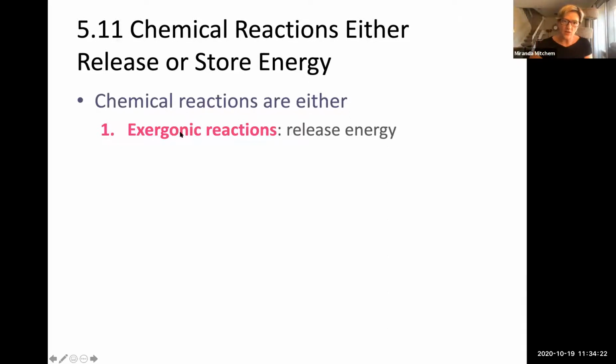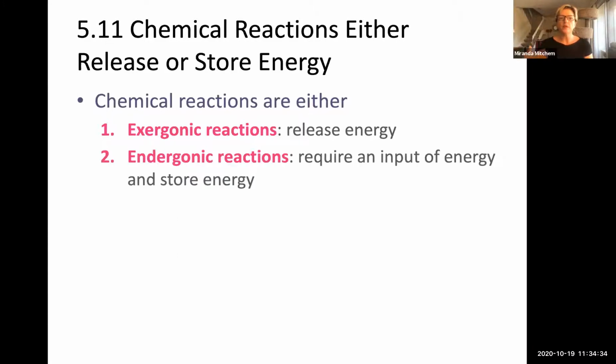In the exergonic reaction, there is energy to exit, go away from the reaction. So there is a release of energy. Oppositely, the endergonic reaction requires energy. There needs to be an input of energy in order for the chemical reaction to work.